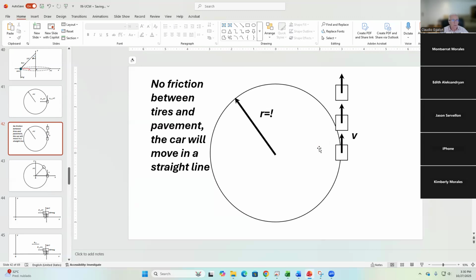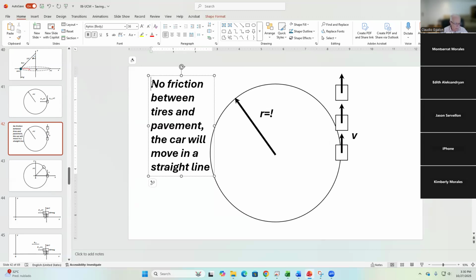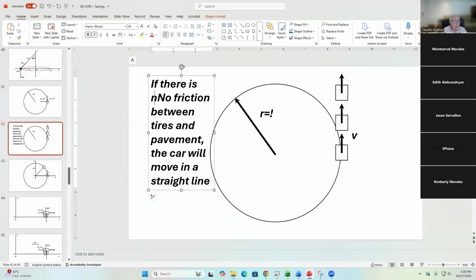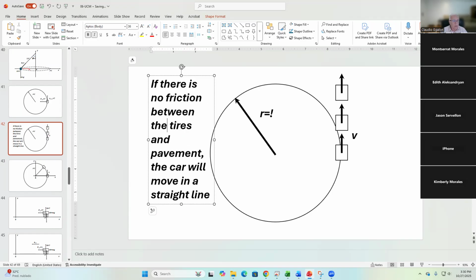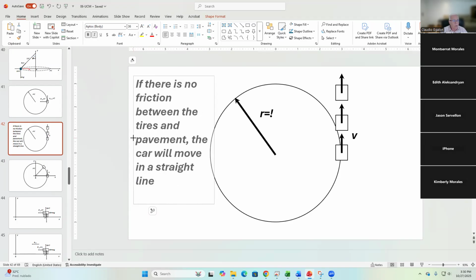So, if there is no friction between the tires and the pavement, the car will move in a straight line.